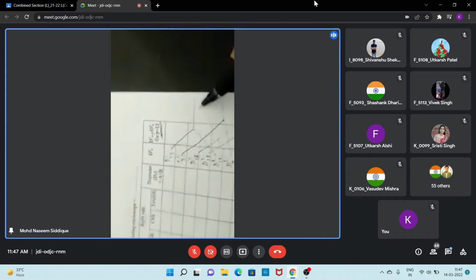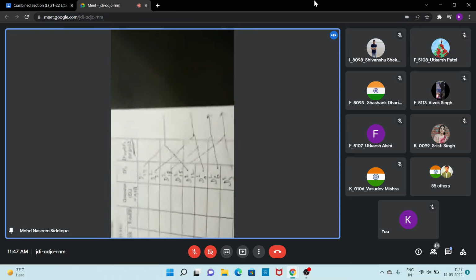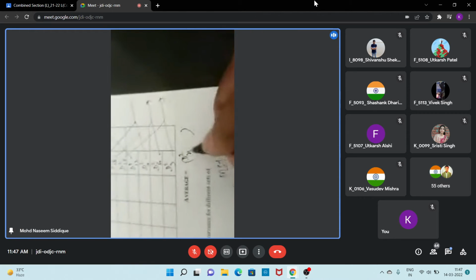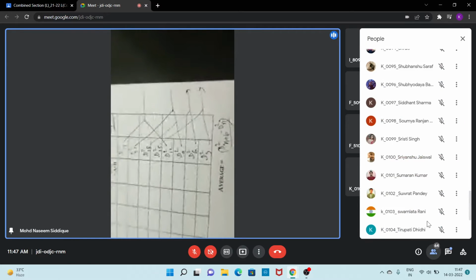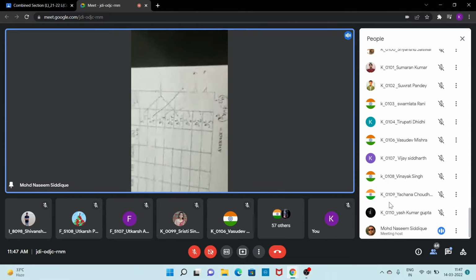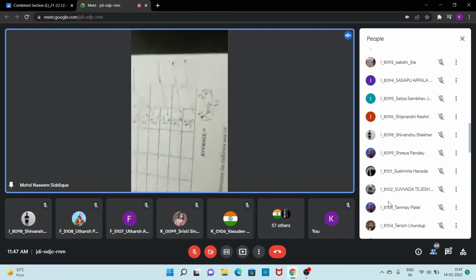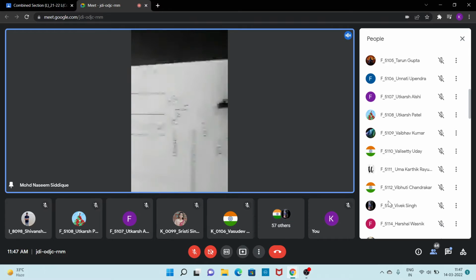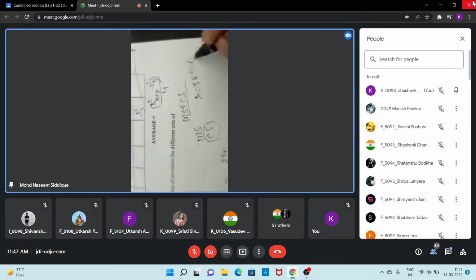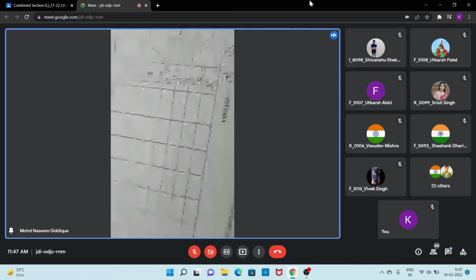What we will do, we will take the average of all these 4 readings. This is D square n plus p minus D square n, divided by 4. This will give the average value. This average value we will put in the formula. Okay, lambda is given, lambda is equal to 5893 angstrom, and all these things are given.